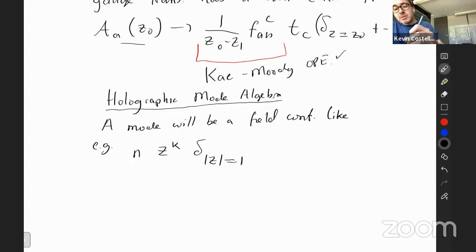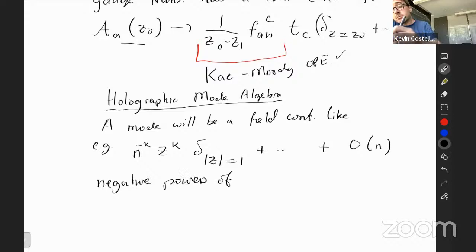Maybe there might be some negative powers of n, plus some other stuff, where the negative powers of n are localized on the circle.